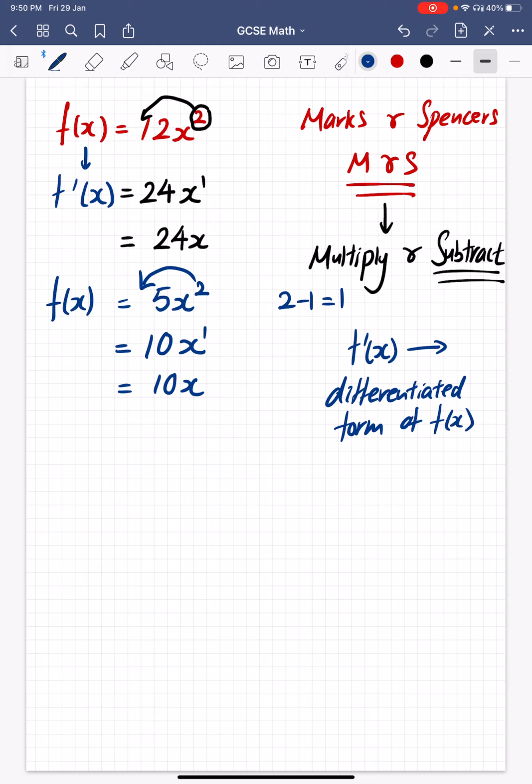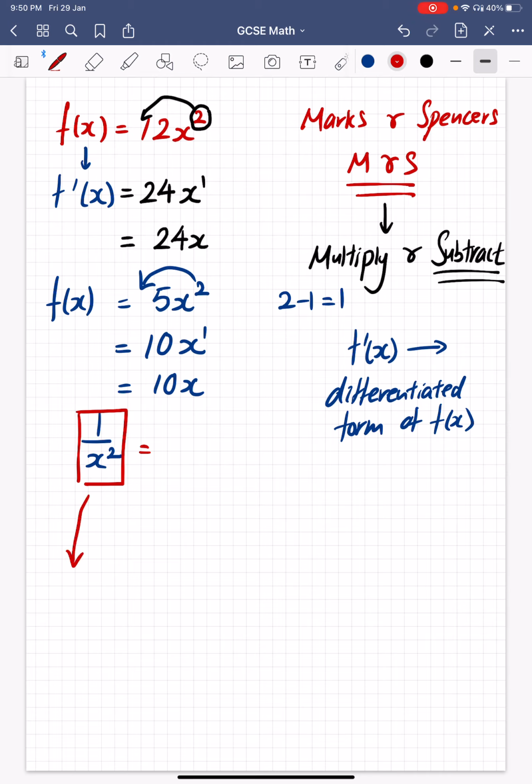However, sometimes it's not that straightforward and we have to do some more complex differentiations. For instance, we could do 1 over x squared. Now, after teaching you the M&S method, you might be a bit stuck here. You might not know what to do. So, I'll give you some advice here. First of all, always turn what you have to differentiate into a specific form.